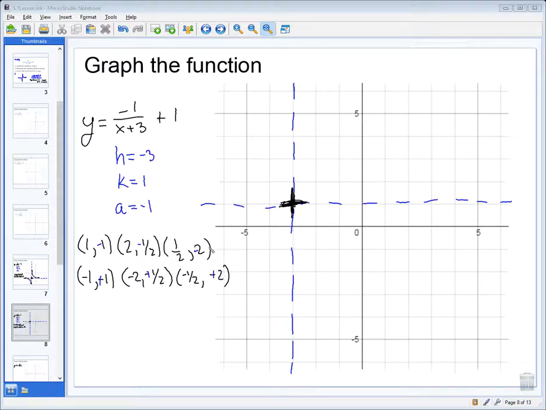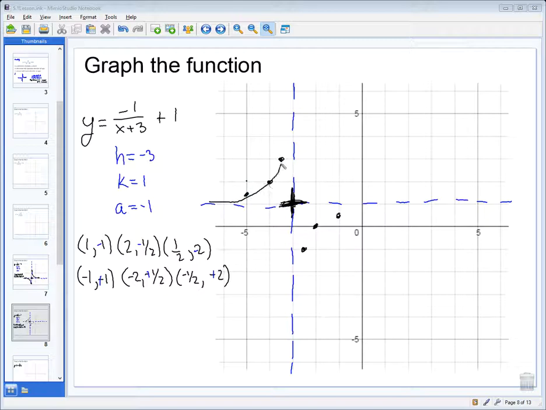That makes the y values of the first ones negative, and the y values of the second ones positive. So now we have the points (1, negative 1), (2, negative 1/2), and (1/2, negative 2). We also have the points (negative 1, 1), (negative 2, 1/2), and (negative 1/2, 2).